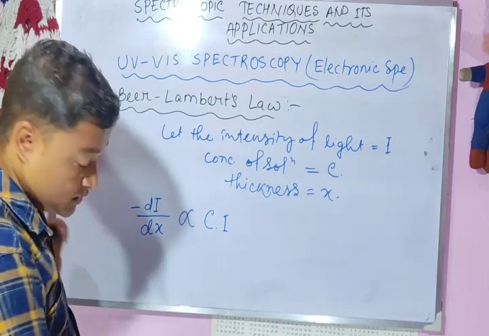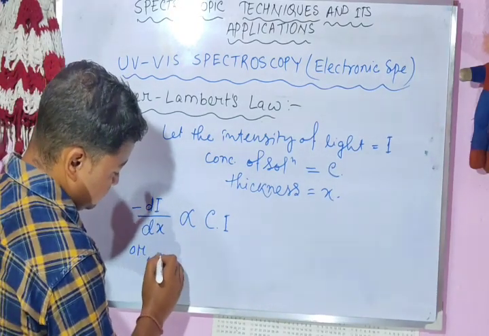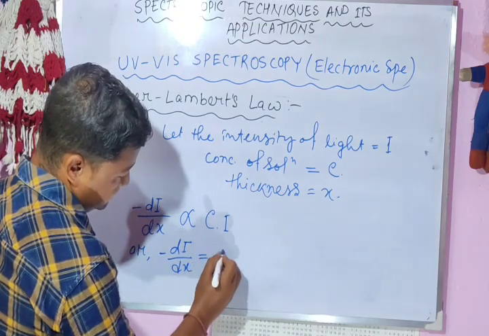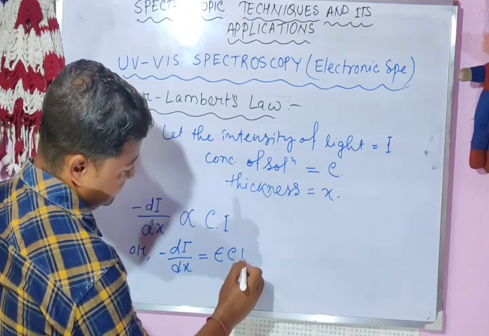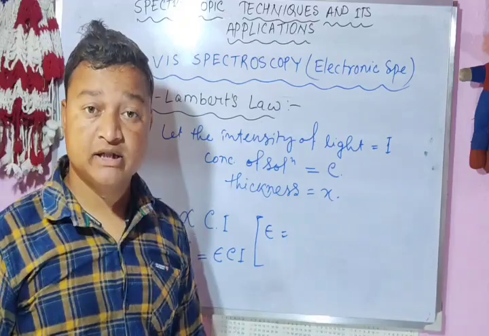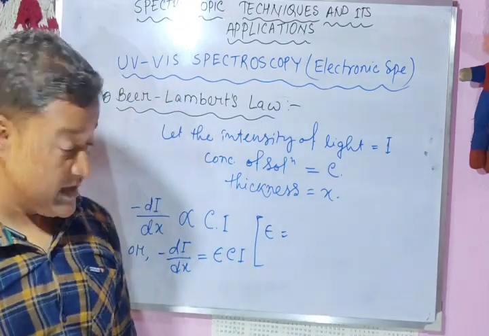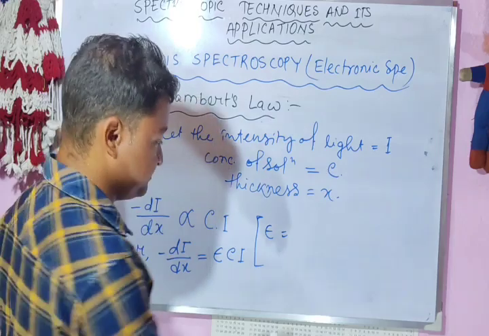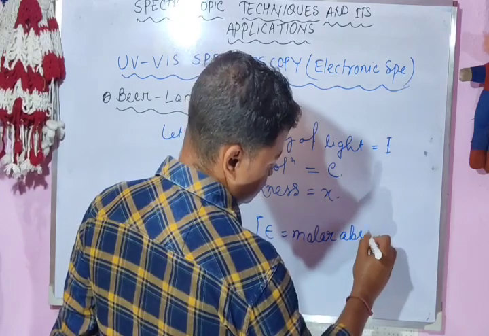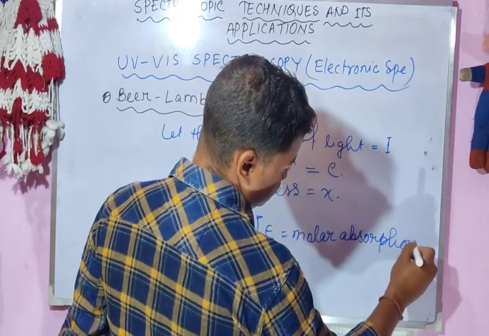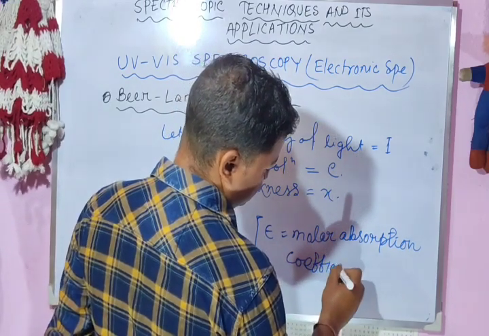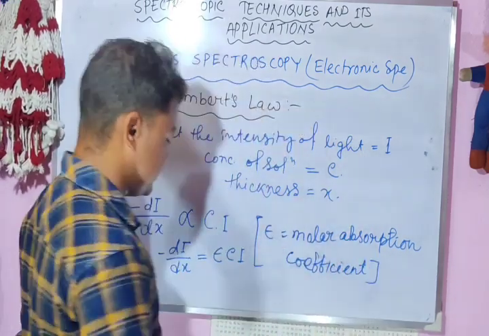Or minus dI by dx equals epsilon CI. So epsilon is the proportionality constant, and this is known as the molar absorption coefficient.